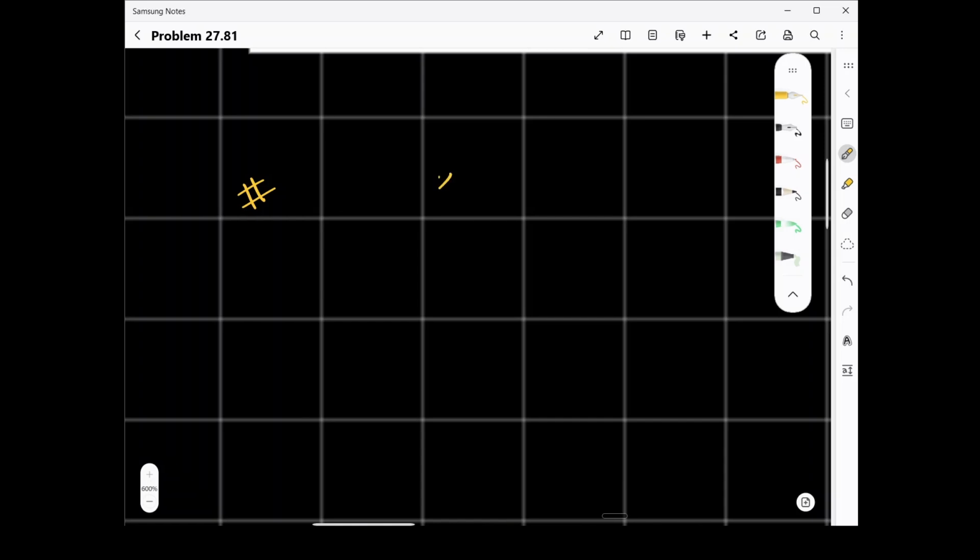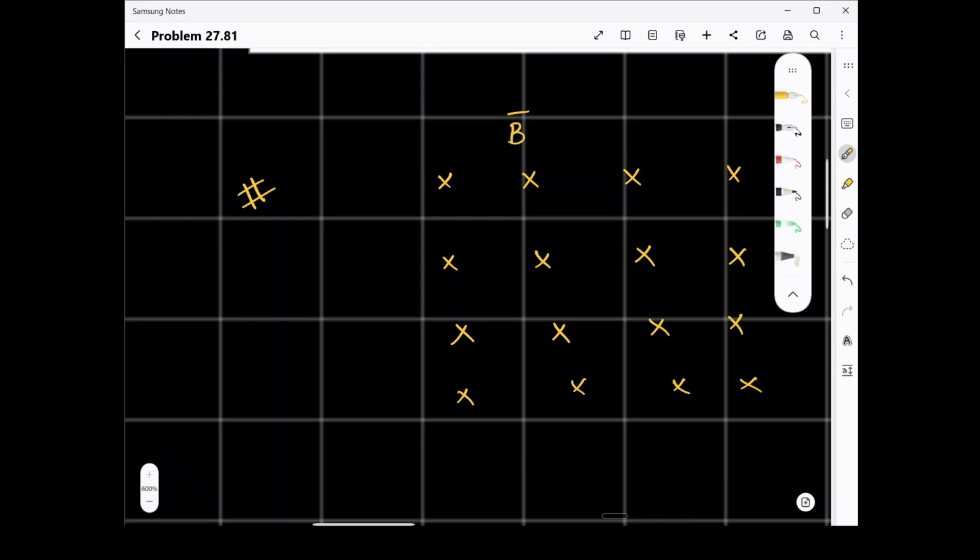Let's say the magnetic field is in the direction such that it's directed towards the plane of paper and perpendicular to it. It's going inwards, just like this.